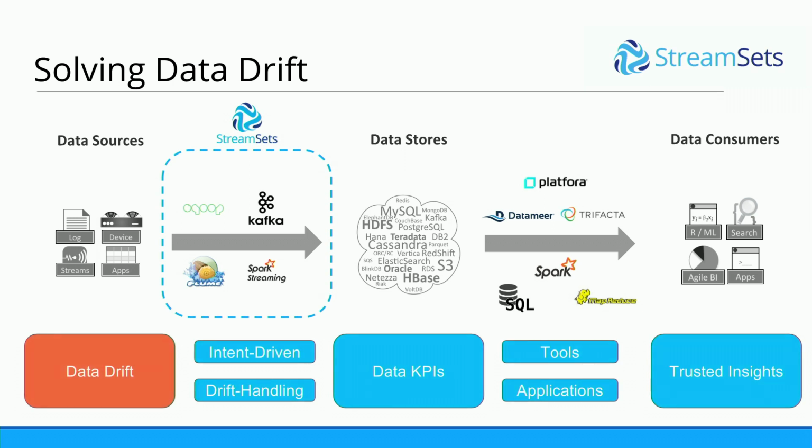So where we fit is in this reading data from logs, devices, streams, applications, and rather than having this schema-driven approach of, okay, I've got to define how everything is on the input and how everything is on the output, we have an intent-driven approach which says, okay, I want to bring everything across.